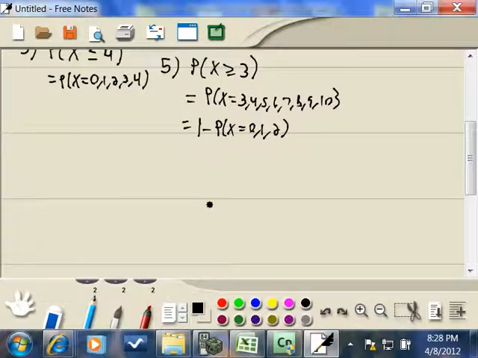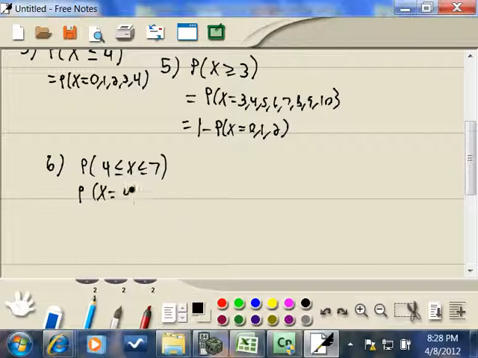The last one is the between case. Let's see, 4 to 7. Like that. Well, if I think what that means x value-wise, that'd be 4, 5, 6, and 7. Somehow I got to rewrite this so that they start with 0 up to a number.